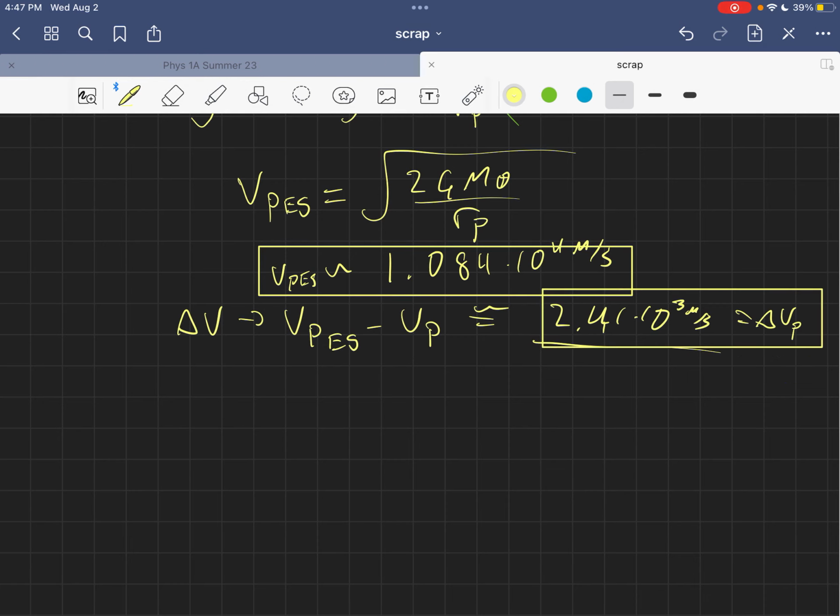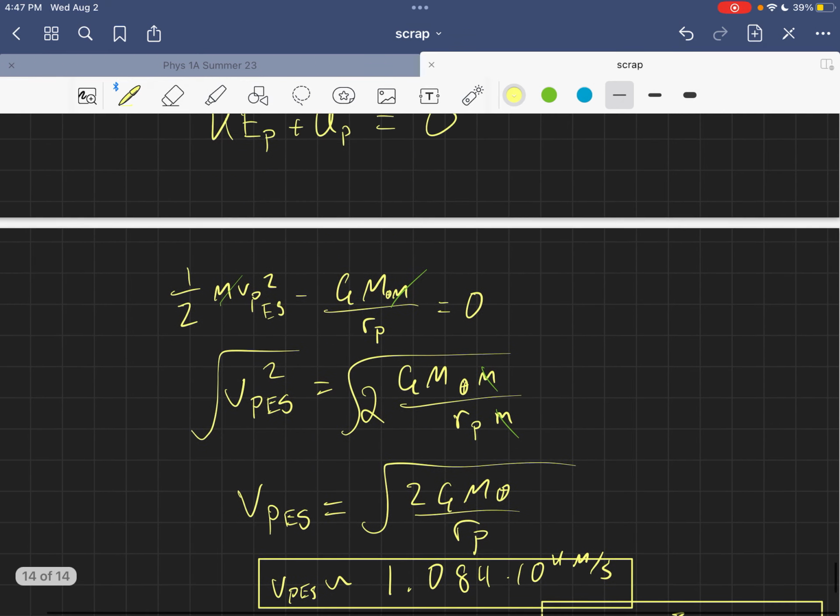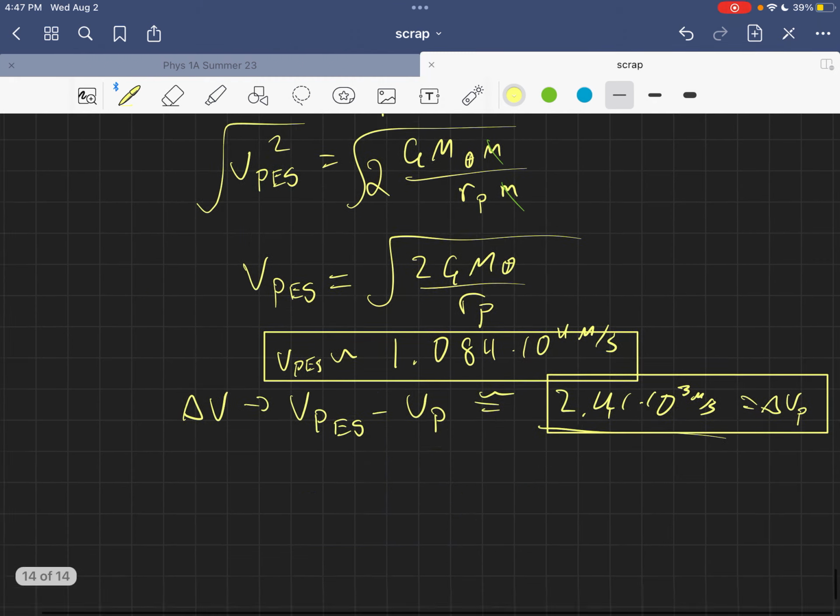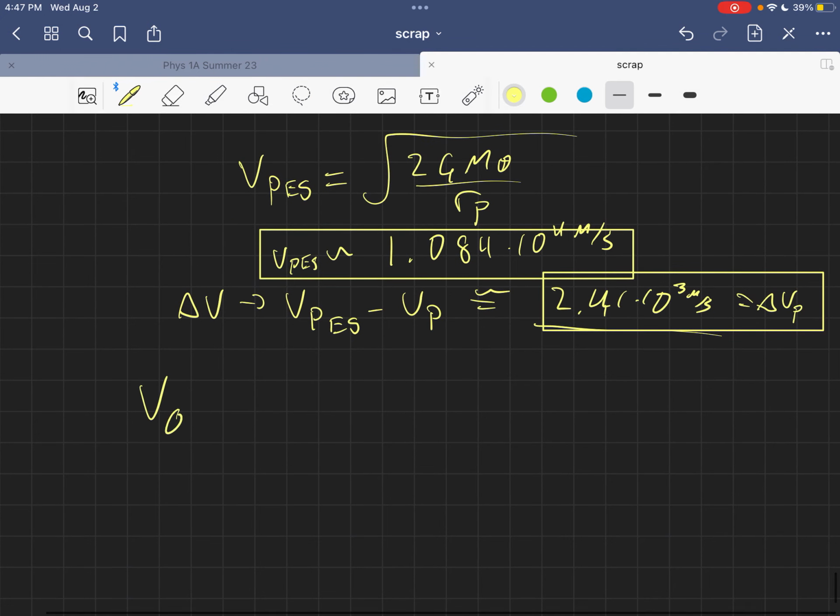For apogee, it's going to be a little different. You would do the same exact equation, you would just plug in RA here instead of RP. And if you do that, the escape velocity at apogee would be about 8.761 times 10 to the 3rd meters per second.